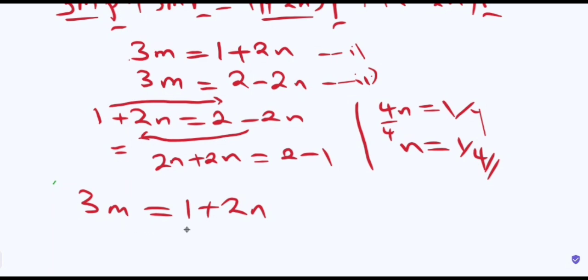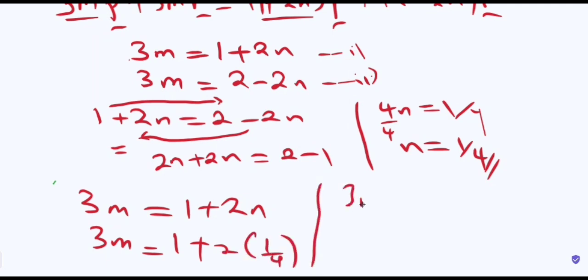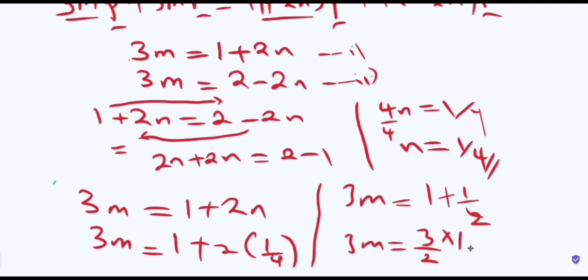Okay, so pale ambapo kuna n utasubstitute, so itakuwa 3m equal to 1 plus 2 times a quarter. So itakuwa 3m equal to 1 plus, 2 times a quarter ni a half, so 1 plus a half, so itakuwa 3m equal to 1 and a half, which is just 3 over 2. Therefore if you divide by 3, which is times 1 over 3, utapata kuwa m yako ni a half.